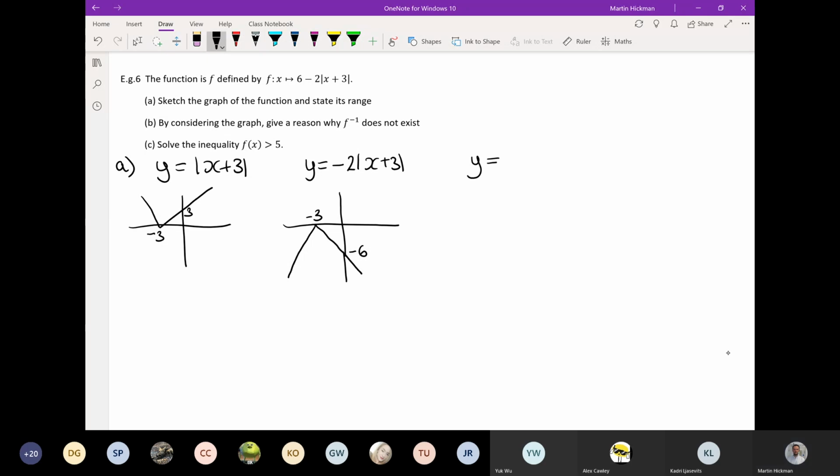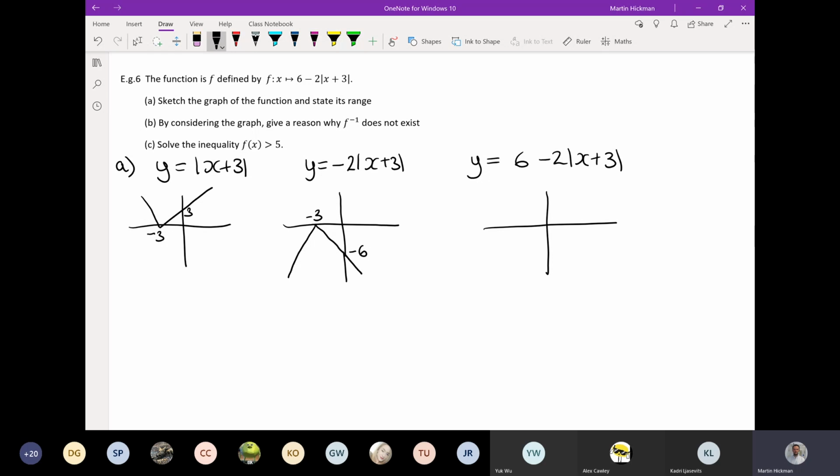Finally, I'm going to do -2 times the modulus of x plus 3, plus 6. So all I've got to do now is add 6 to all my y's. Yet again, this is not going to change your x's.